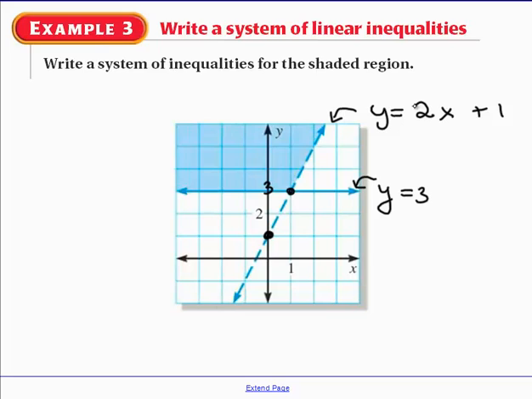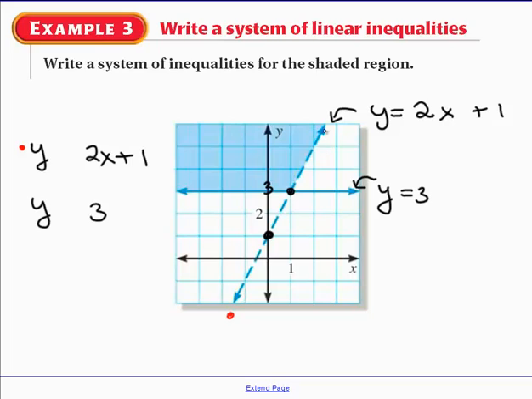So there we go. Now my system has to have inequalities. So we have to decide whether we use greater than, less than, greater than or equal to, less than or equal to. So that's going to be the hard part. So first, let's start here. First of all, this line right here is dashed, right? And look at the solution side.